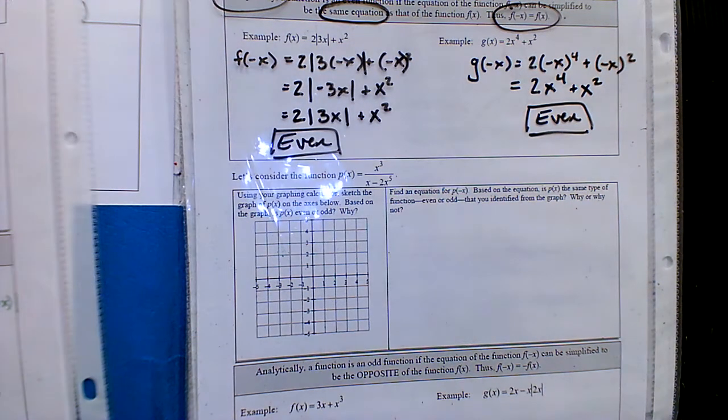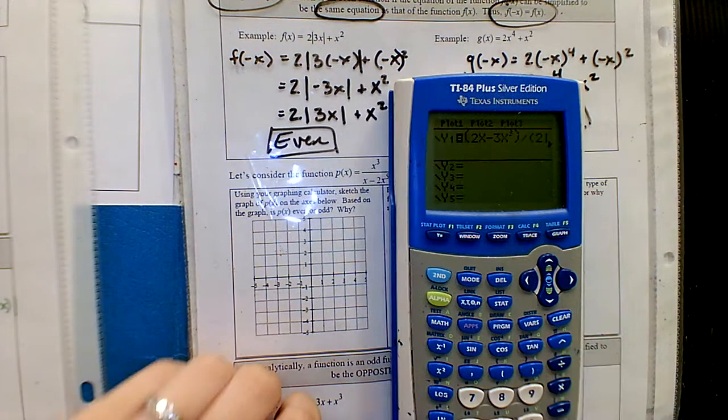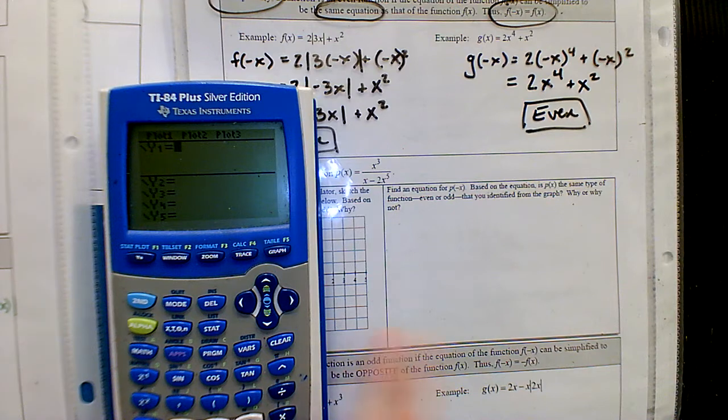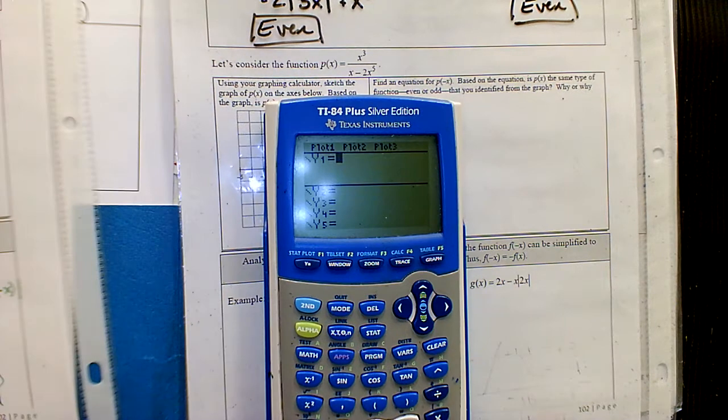So on your calculator, let's go ahead and hit y equals, and if there's anything in there, you can go ahead and clear it out. And I want to type in that fraction. Now, since it's a fraction, you have to be careful on how you type it in on your calculator.